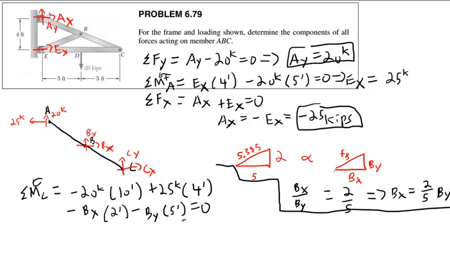And all of this equals 0. Okay? And then I can go and say, all right, I want to perhaps replace, yeah, something like that. Or I could also say, just for fun, By equals 5 halves Bx.